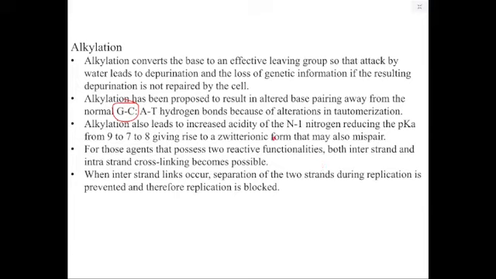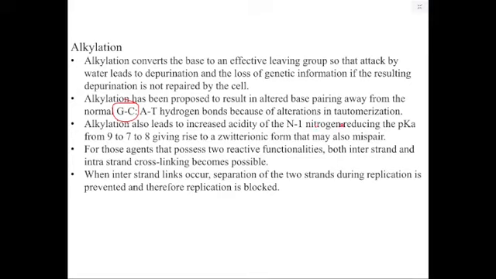Alkylation also leads to increased acidity of the N1 nitrogen, reducing the pKa from 9 to 7. When you do an alkylation, the nitrogen base is giving away its electrons, so the molecule is becoming more acidic. That's why we are saying alkylation also leads to increased acidity of the N1 nitrogen.